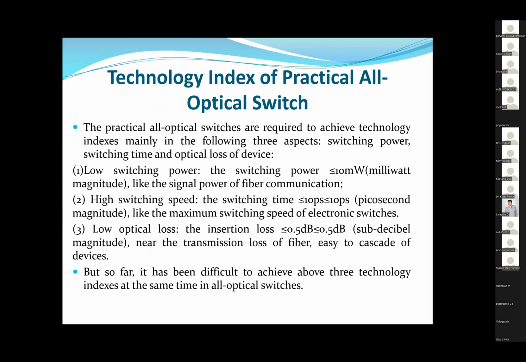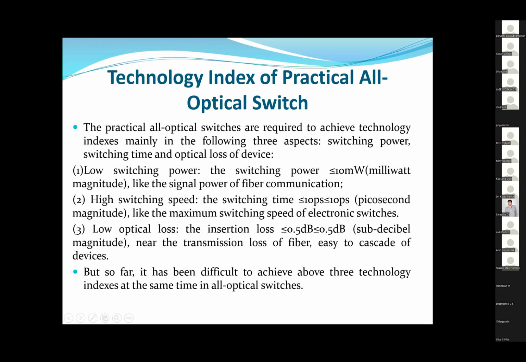So now, what exactly are the technology indexes? Practical all optical switches are required to achieve technology indexes mainly in these three aspects: the switching power, the switching time, and the optical loss of the device. So what is the first one? Low switching power is needed, less than around 10 milliwatts, like the signal power of fiber communication.